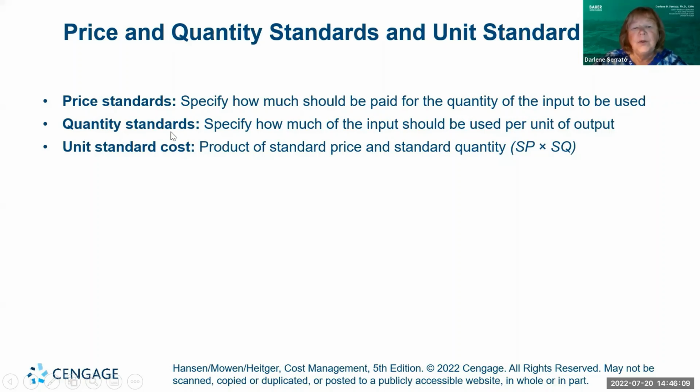Half a yard, 3/4 of a yard, an entire yard. So it's how much of the input you should use, which is why I call this a usage standard. Then the standard price times the standard usage gives you standard cost. So we have a standard cost for each of the 4 product costs: direct materials, direct labor, variable overhead, and fixed overhead.